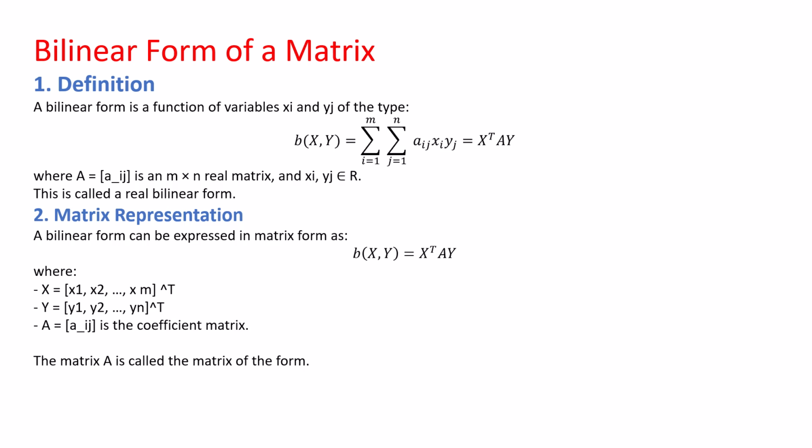The matrix A is called the matrix of the form, of the bilinear form.